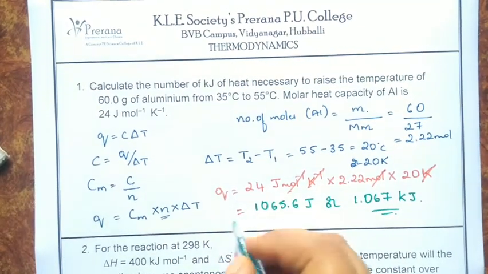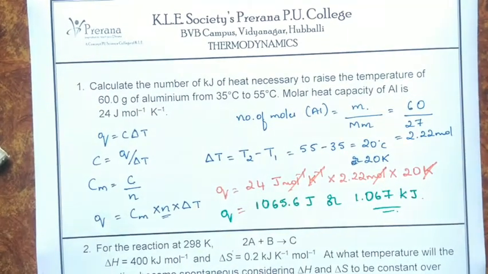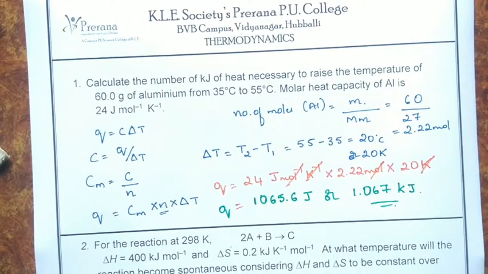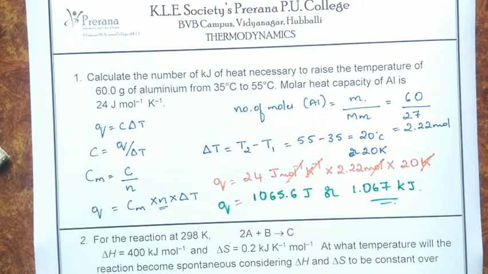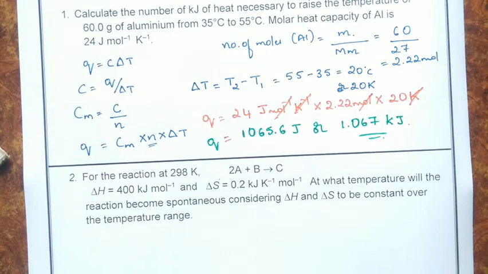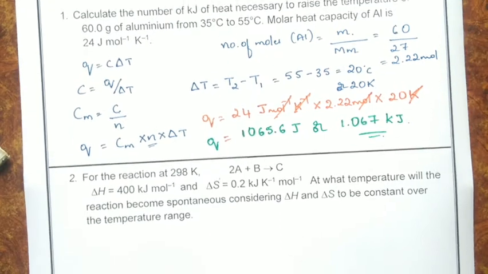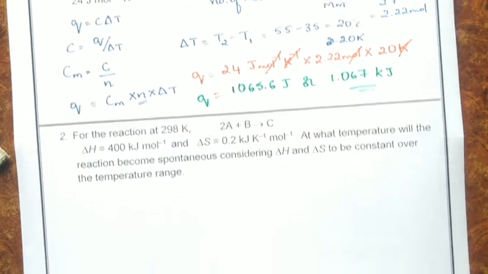Usually heat or energy, either delta H or delta U, will always be written in terms of kilojoule itself. Clear? Next we'll move on to the next question.